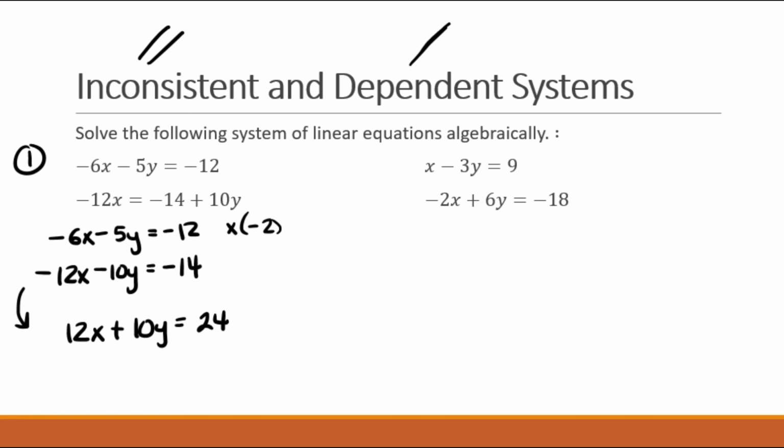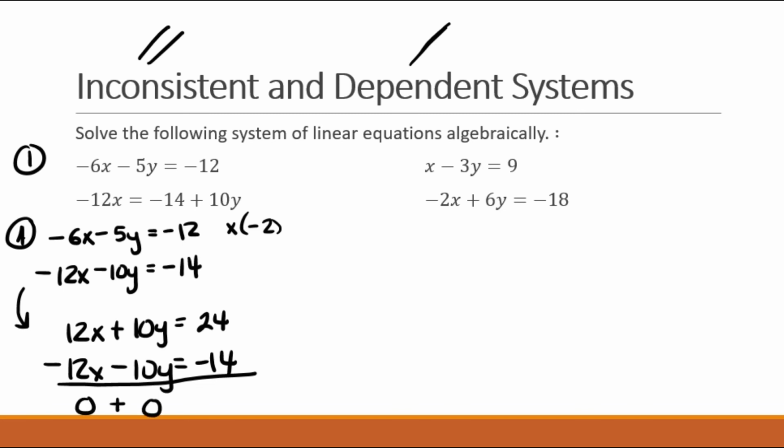And that's equation A rewritten. And I'm just going to rewrite B as is, minus 10y equals negative 14. I'm going to continue with elimination, and I'm going to have 12 minus 12 is 0. Whoa, plus 0 equals 10. 0 equals 10.